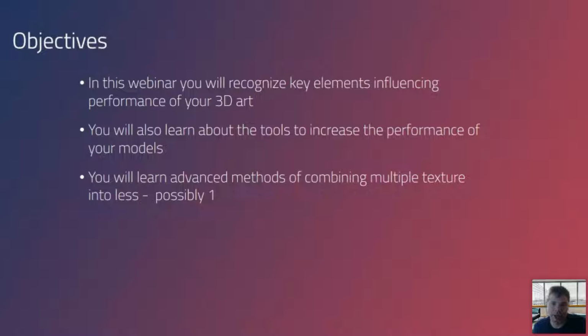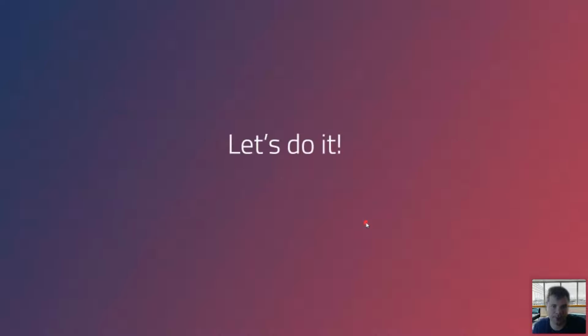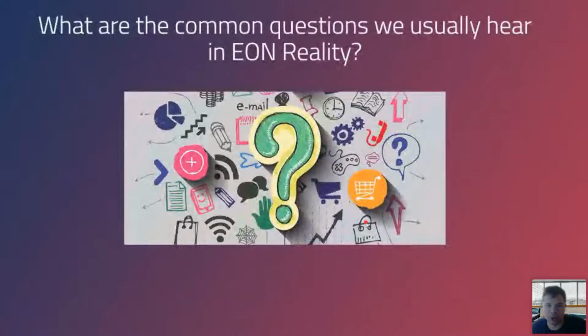And I will take on one advanced method that might give you a tip on how to deal with your textures. I will show that in 3D Studio Max, but this is possible to do in different pieces of software as well. I just show you the way of thinking over there. So yeah, let's do it.